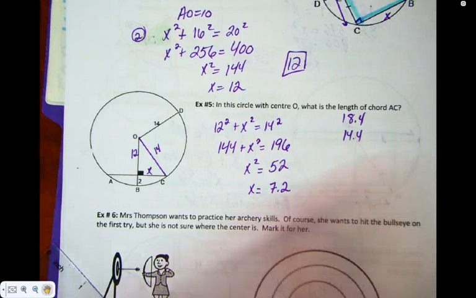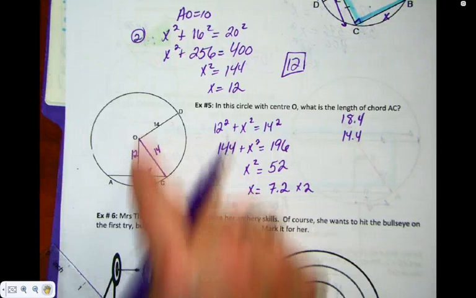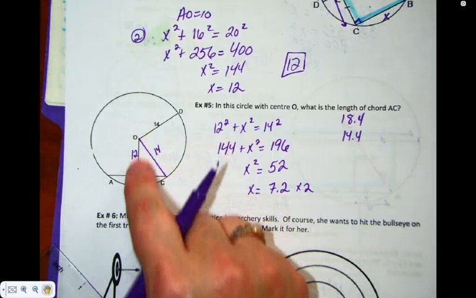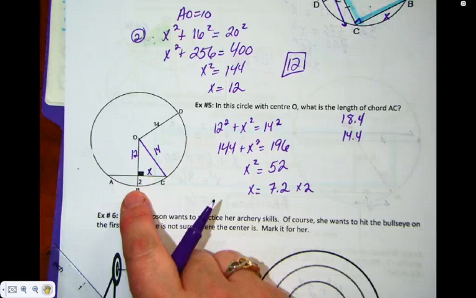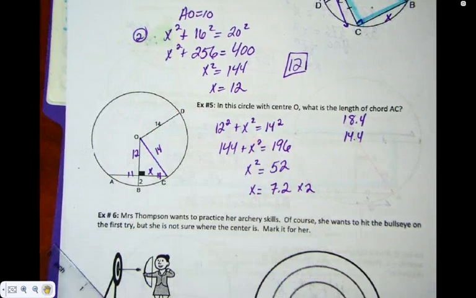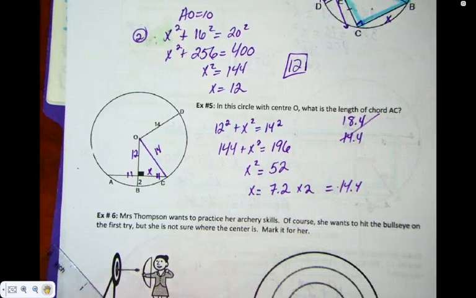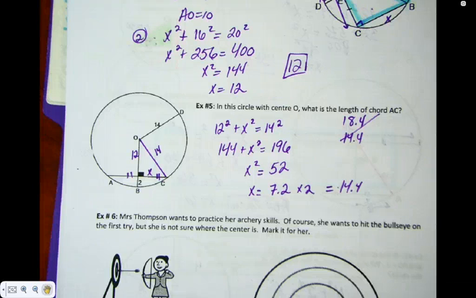You gotta multiply by 2 now. Why? Because it's only half of it, you gotta figure out the full. Because the perpendicular radius bisects the chord. So total has to be 14.4. Who got it? Awesome. Questions?